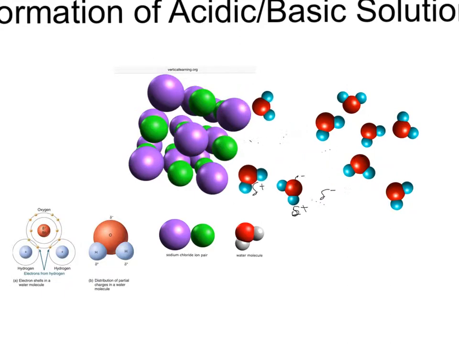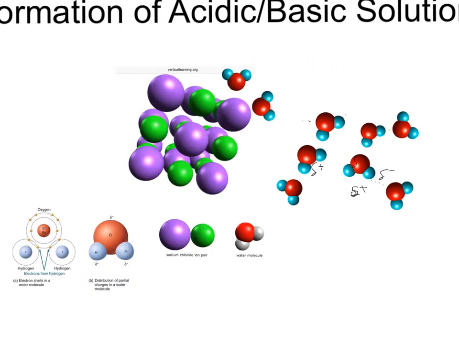And if enough of the water molecules attract, then they'll be able to pull, and it's always going to be the oxygens that are attracted to the cation. If enough of these surround the cations and anions, then they can pull that apart, and that's how we can dissolve ionic compounds. And then we have a whole bunch of other things that can happen with water.